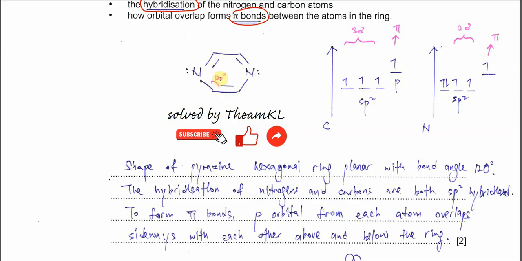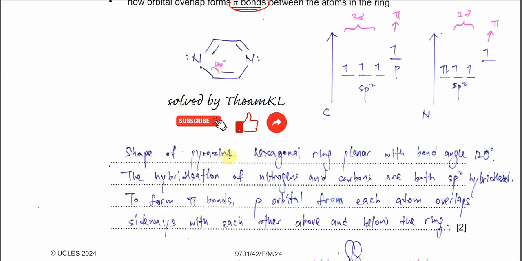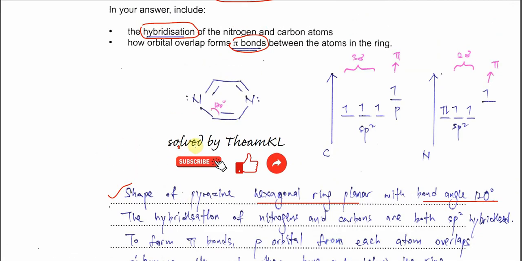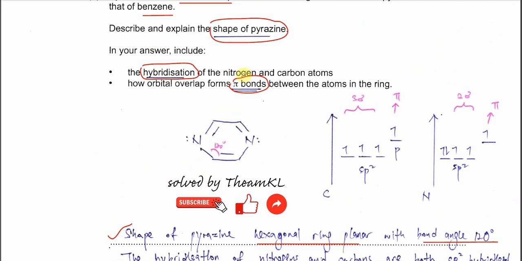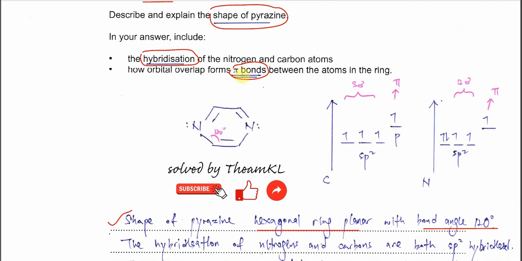It's just like benzene. So the shape of this pyrazine is a hexagonal planar ring with bond angle 120. So this is the first point. Because it's like benzene, the challenging part is the hybridization: how we identify the hybridization of the nitrogen and carbon together.